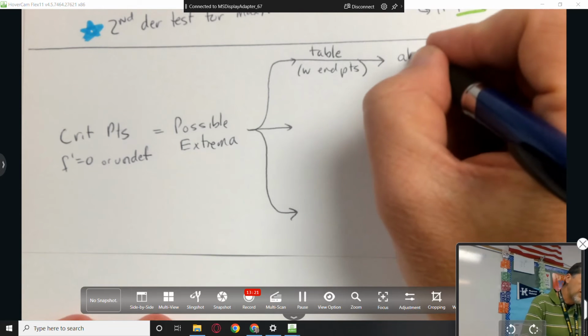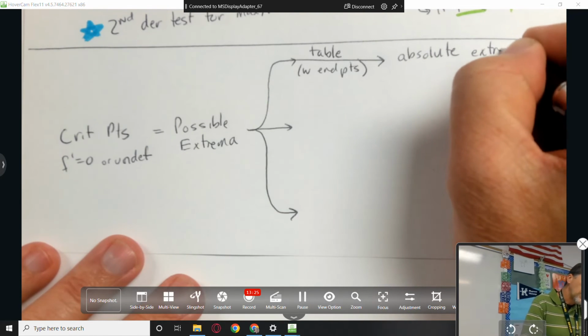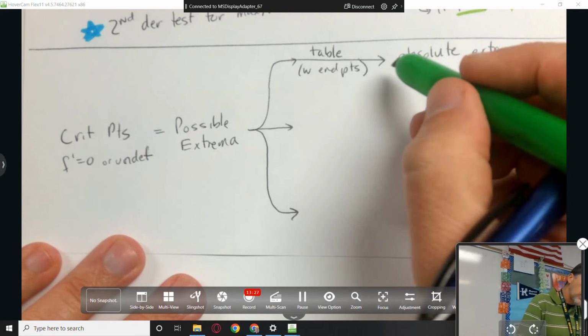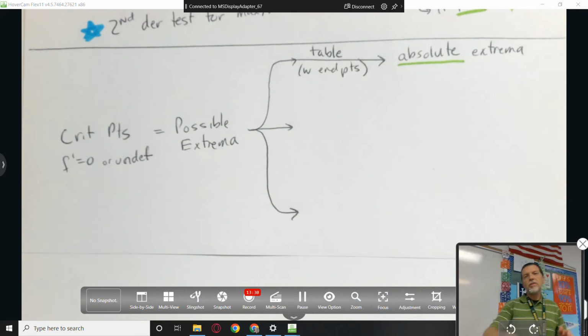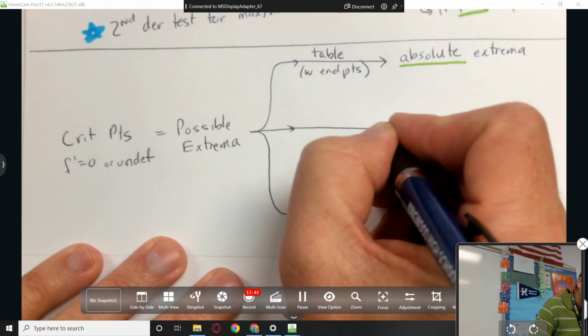And if you do that, this was the last thing we did, that will tell you the absolute extrema, because you're just looking for the biggest y and the smallest y. Make a table. But that only tells you the absolute extrema.